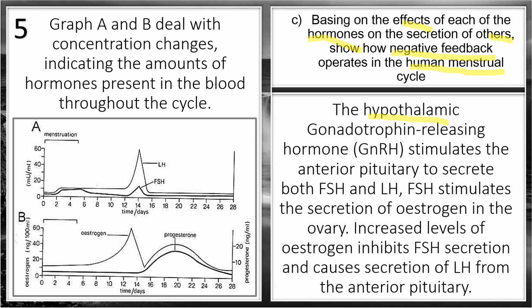The hypothalamic gonadotrophin releasing hormone stimulates the anterior pituitary to secrete follicle-stimulating hormone and luteinizing hormone. Follicle-stimulating hormone stimulates the secretion of estrogen in the ovary. Increased levels of estrogen inhibit follicle-stimulating hormone secretion and cause the secretion of luteinizing hormone from the anterior pituitary gland.